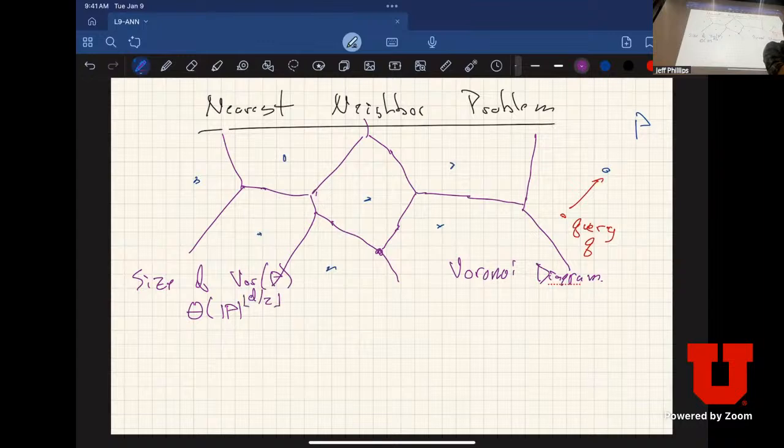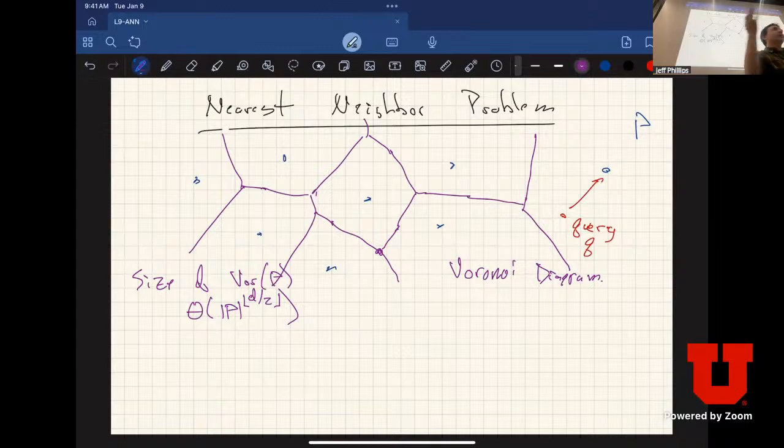So just computing and storing this Voronoi diagram, which tells me the nearest neighbor in a structural way, grows exponentially in D. As I get to higher dimensions, this grows exponentially in the size of the data set, so totally pre-computing it is not feasible in higher dimensions.